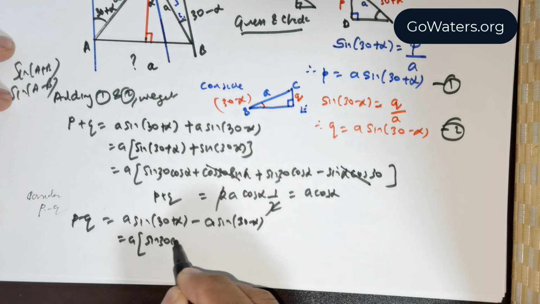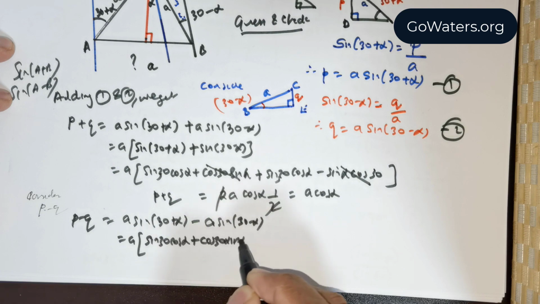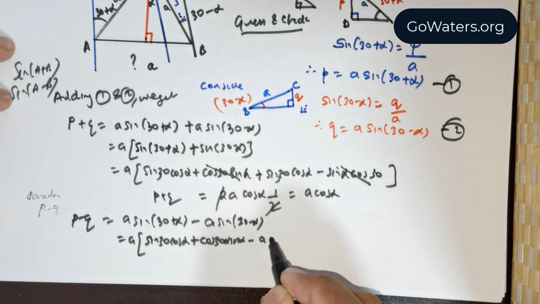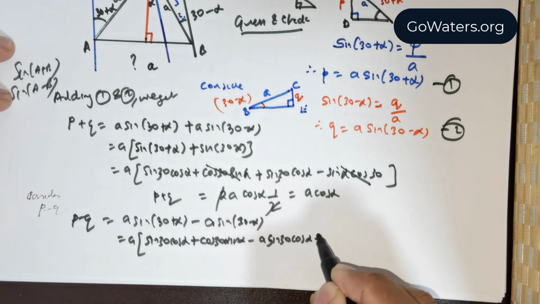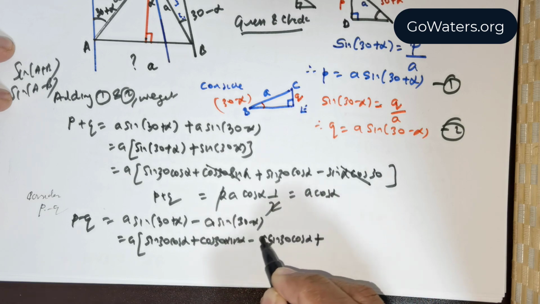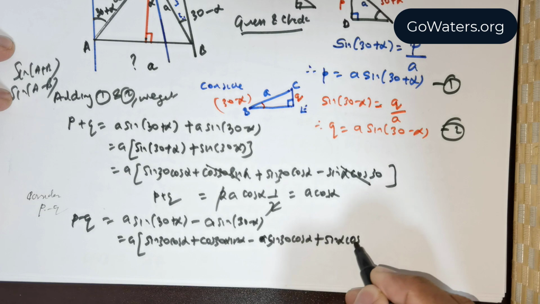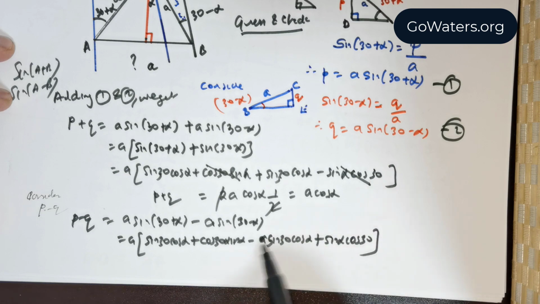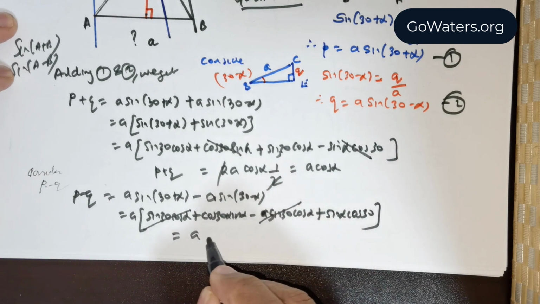So A times sin 30 cos alpha + cos 30 sin alpha - sin 30 cos alpha + sin alpha cos 30. So this and this will be cancelled. So I would get A times, now cos 30 is what? Root 3 over 2, right?